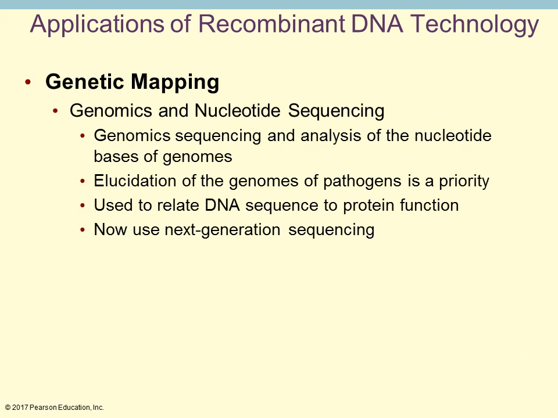In terms of nucleotide sequencing, this is basically taking the DNA and figuring out what the base sequence is. Is it G, A, T, T, C, G, G, etc.? And they just list them out. It gives you an idea of where the genes are located and what the base sequences are for the various genes.